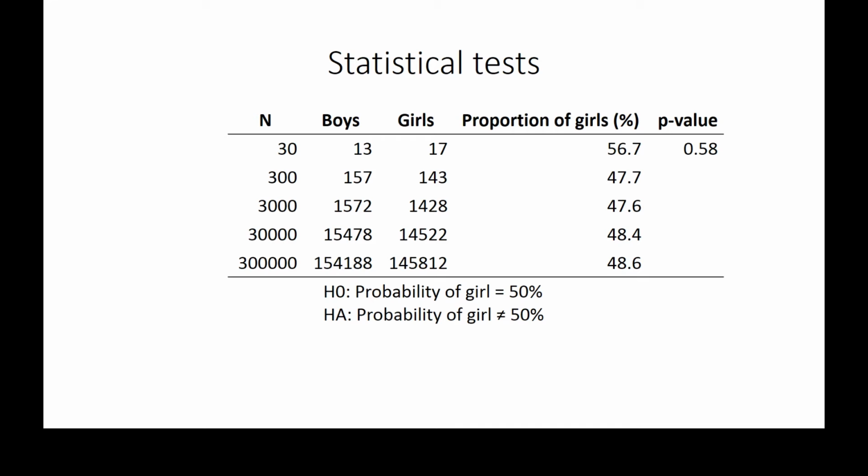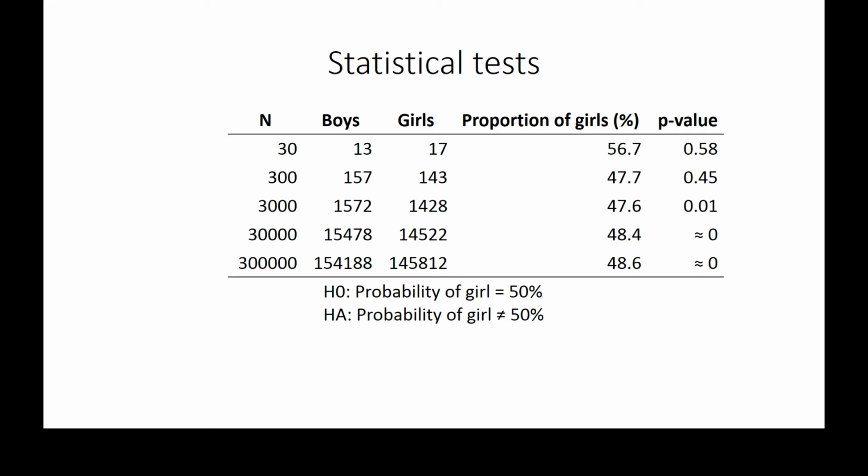This means that observing at least 17 boys or at least 17 girls in a sample of 30 babies happens quite often if the probability of having a girl is the same as the probability of having a boy. Actually, it happens more often than not. So 17 is not a very big number in this situation.